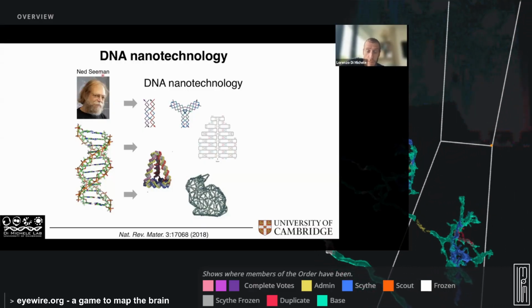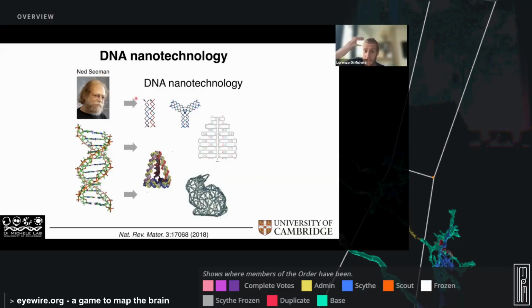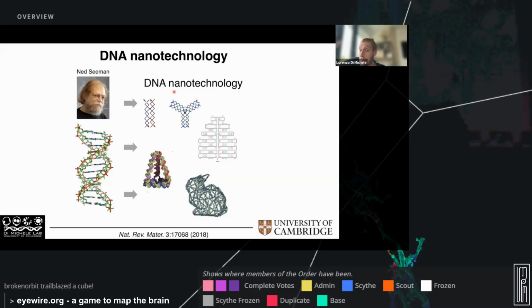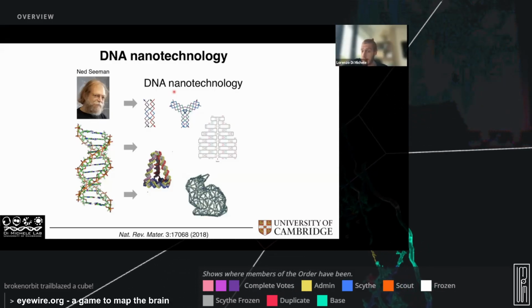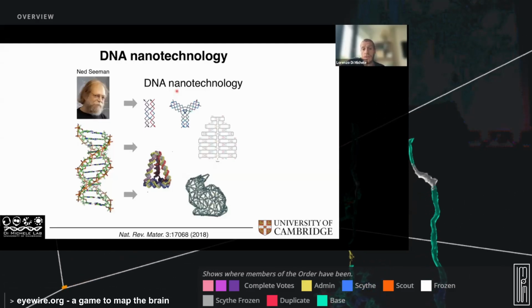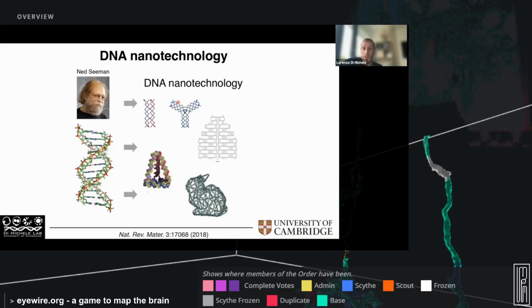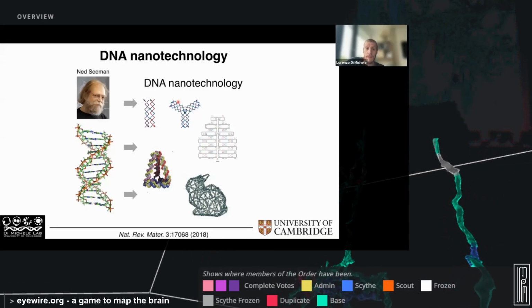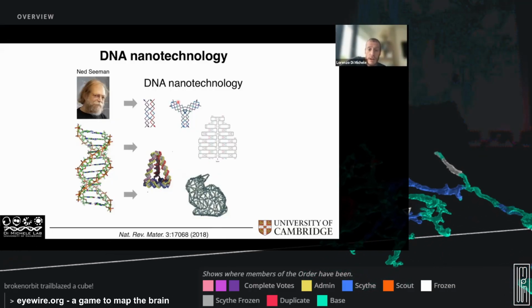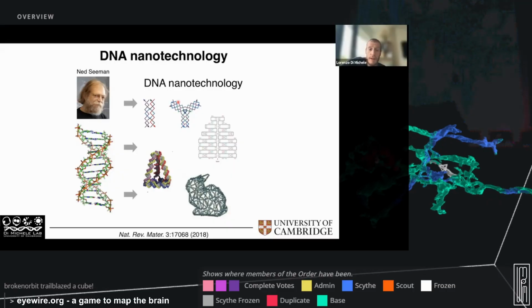Sadly, Ned passed away a few years back, but he had this incredible idea that it might be possible to use nucleic acids starting with DNA, not just as carriers of genetic information, but rather as building blocks to create nanostructures and devices from the molecular scale all the way to the large nanometer scale and even larger.